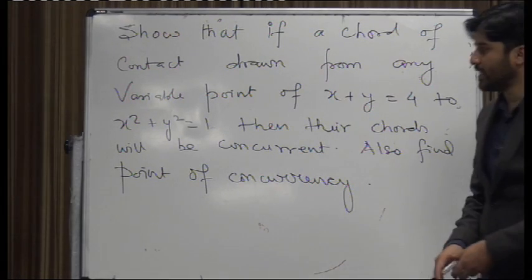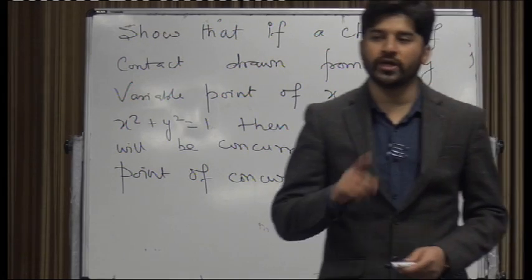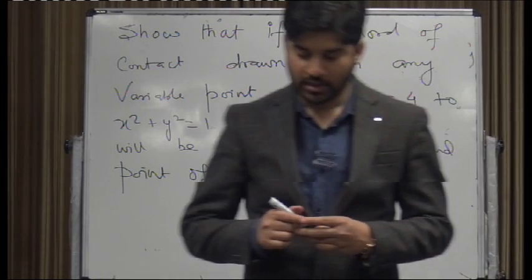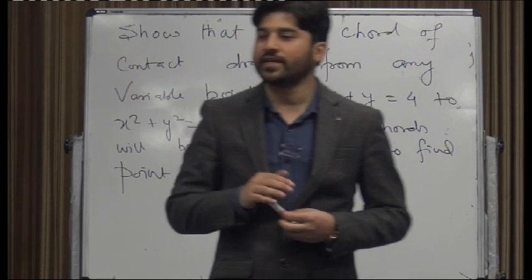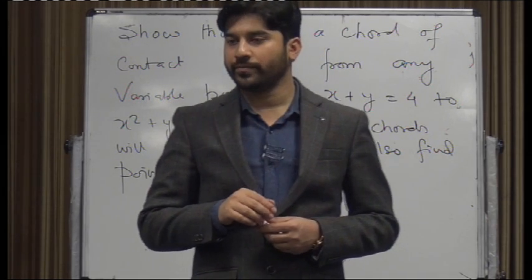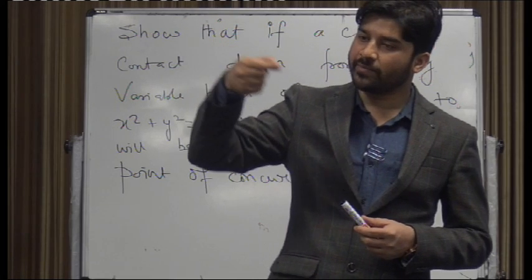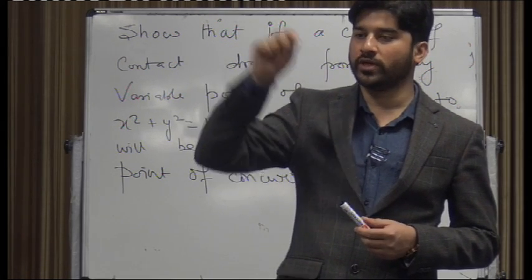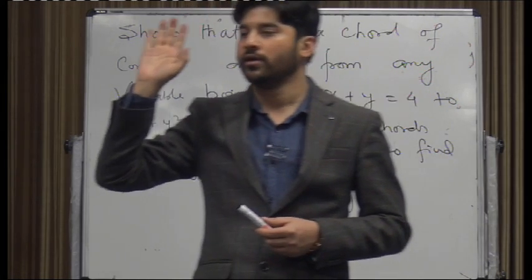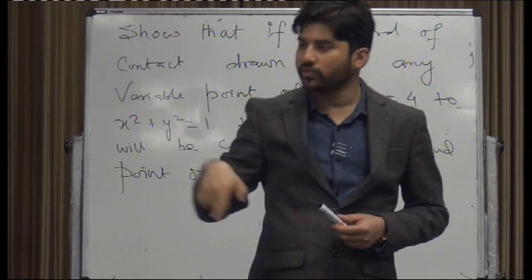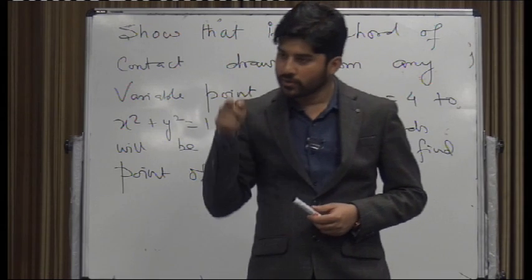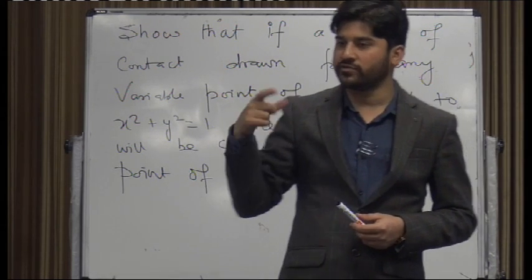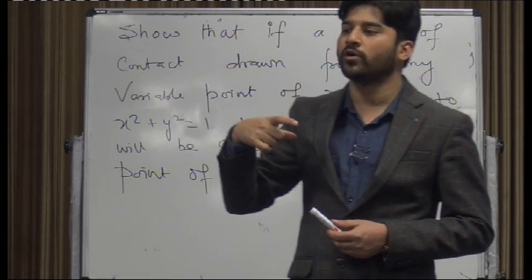The question says that there is this line x plus y is equal to 4, and you can take any variable point on that line. You can put your finger on any point of that line, and if you draw a pair of tangents from there, they are going to make a chord of contact.